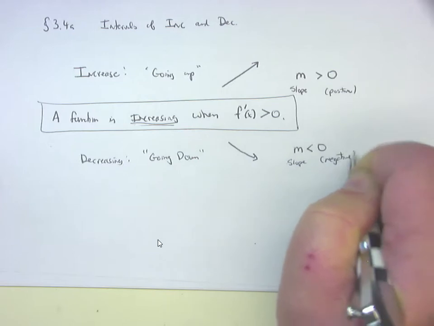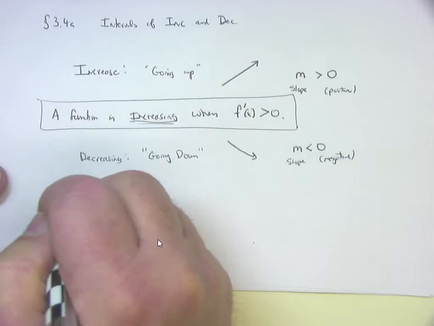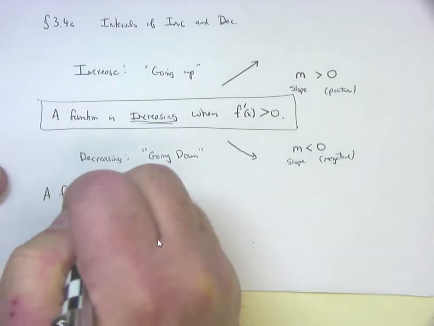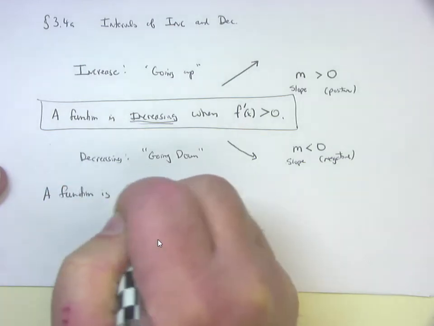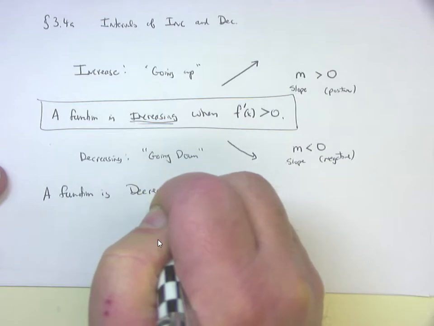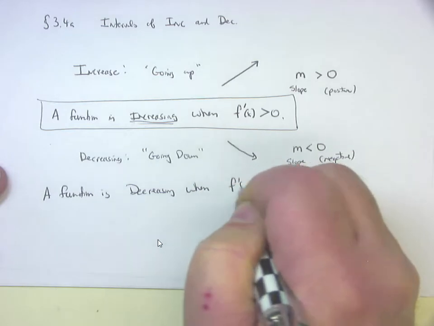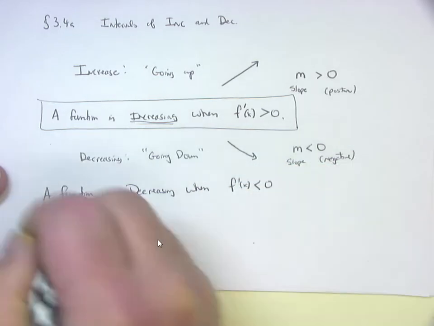Again, tying it into the derivative, which represents the slope of the tangent line, a function is decreasing when f prime of x is less than 0.